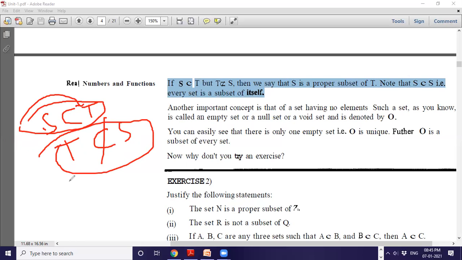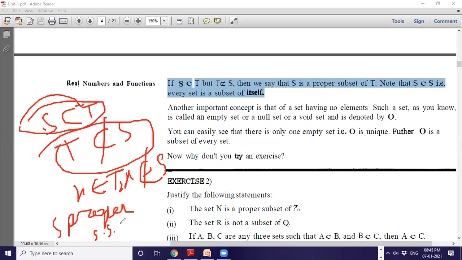At least one element x belongs to T, but x does not belong to S. यही हुई ना बात. तो तब हम बोलते हैं क्या है, S is a proper subset of T. Are you getting my point?